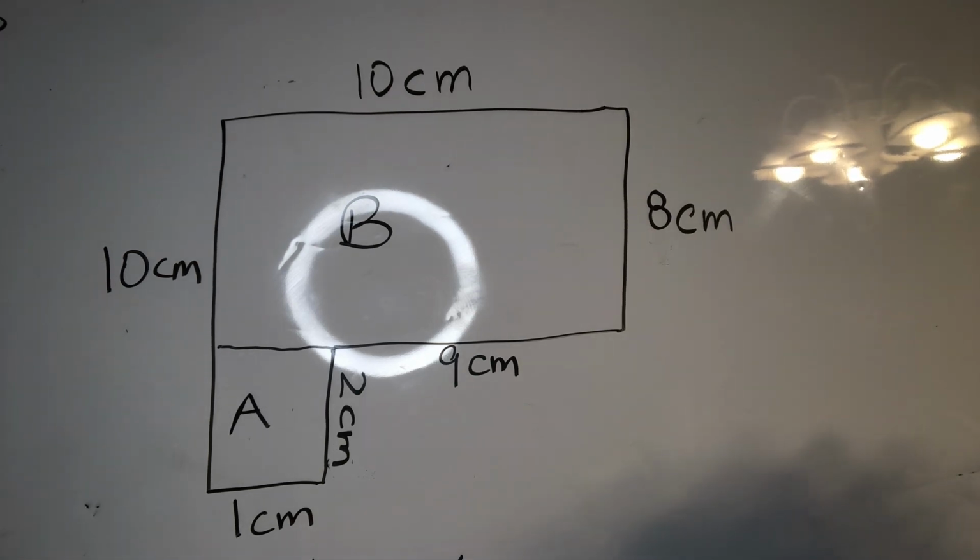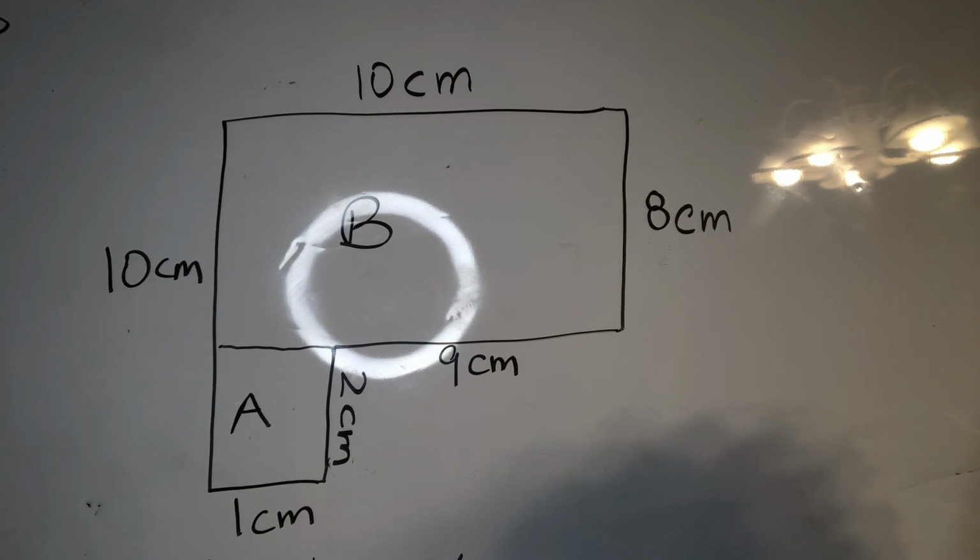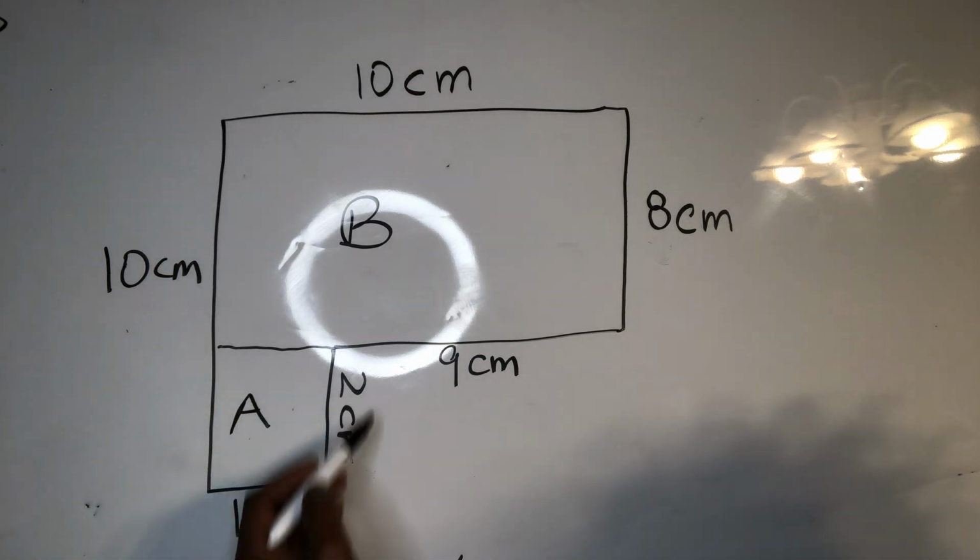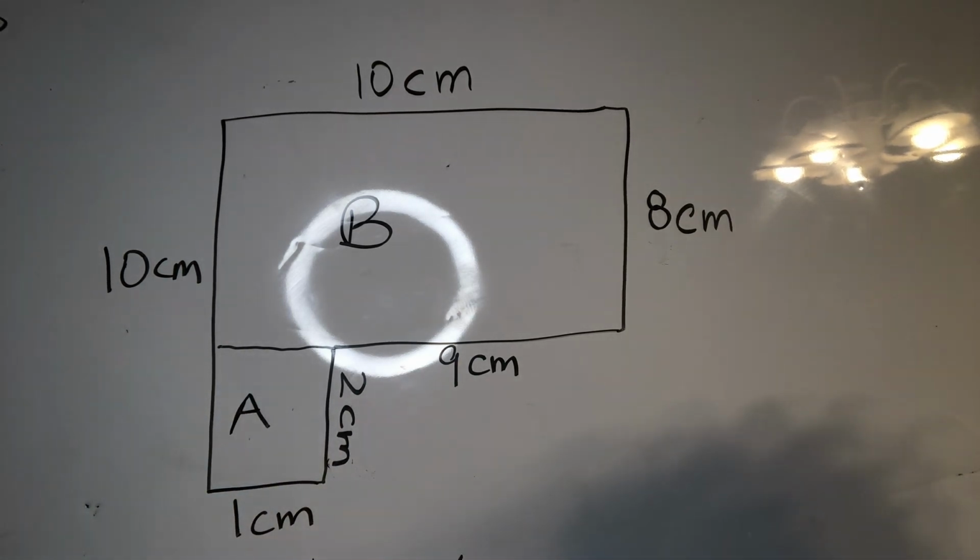And that's going to be our multiplication. Then we're going to do the multiplication, and now we have 2 times 1 equals 2 centimeters. So the area for this part of the shape, A, is 2 centimeters.